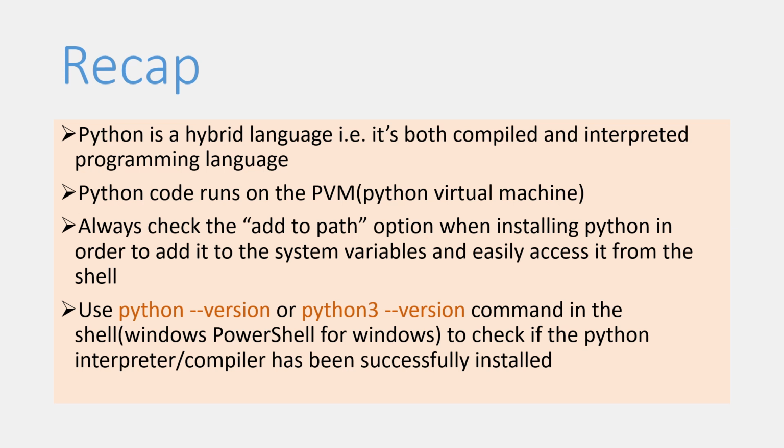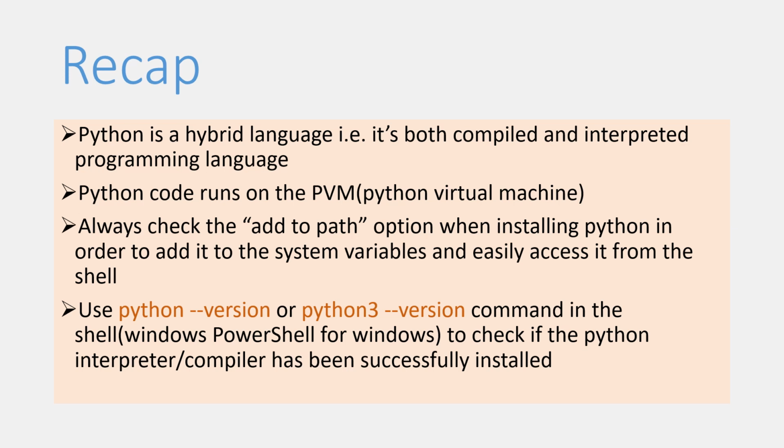So Python is a hybrid language. That is, it's both a compiled and interpreted programming language. This is something that I've told you often. Many people argue that it's just an interpreted language, but like I said, Python is a hybrid language.